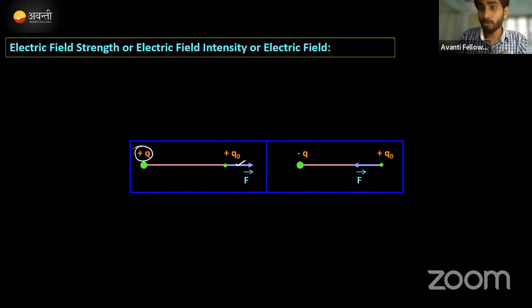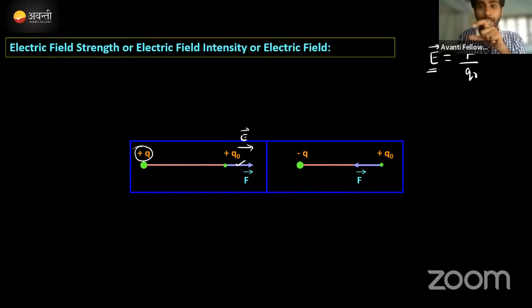Okay guys, one more point, electric field strength when we are defining, it is F by Q naught. Okay, electric field strength direction will be the same as the direction of force in which it is acting. Look at here, the first charge का डायरेक्शन इधर था, hence electric field lines का डायरेक्शन भी यही होता है.